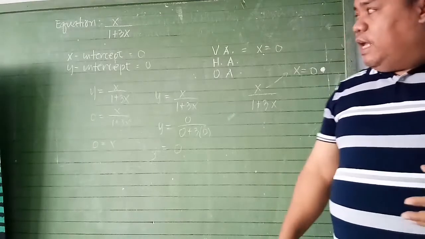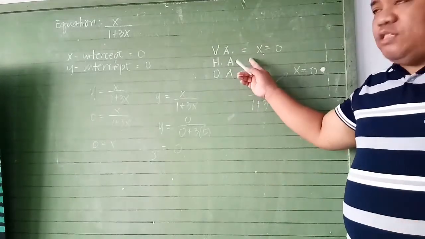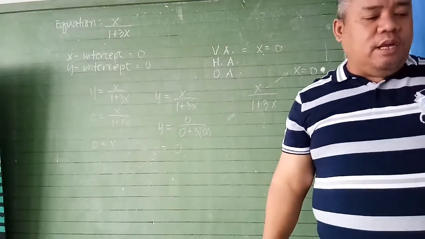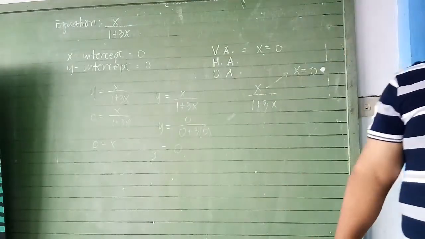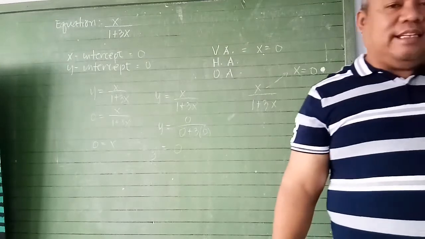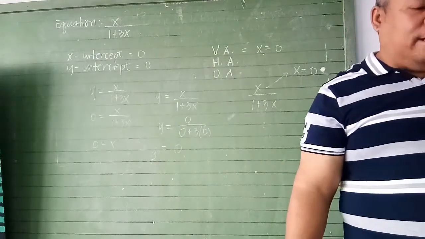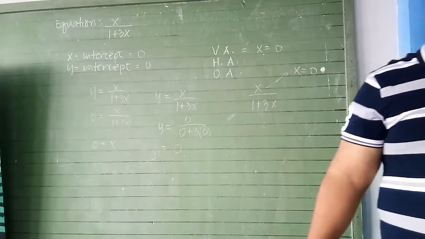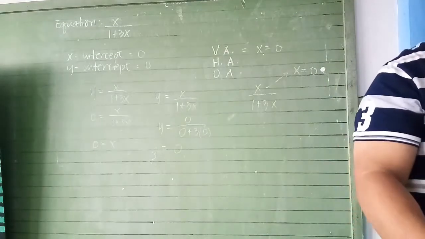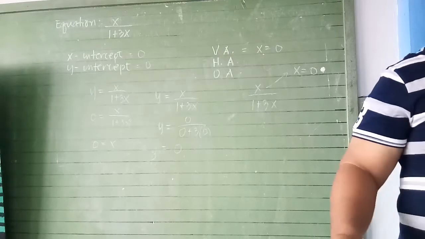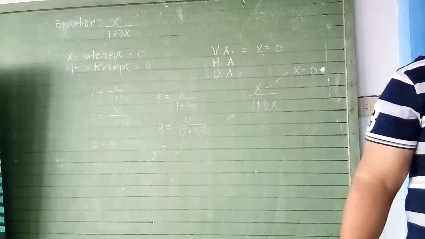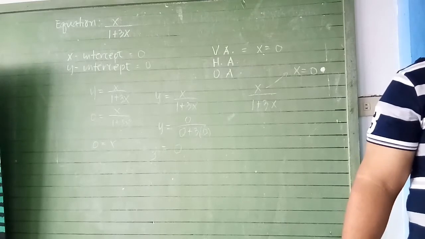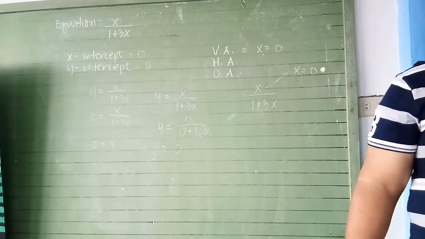Now, does this equation have a horizontal asymptote or an oblique asymptote? So, look at your conditions. Looking at your conditions, you will find that this equation falls under condition number 2. If the degree of the numerator is equal to the degree of the denominator, the horizontal asymptote is the quotient of the leading coefficients of the numerator and denominator.